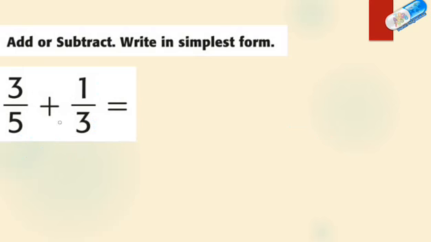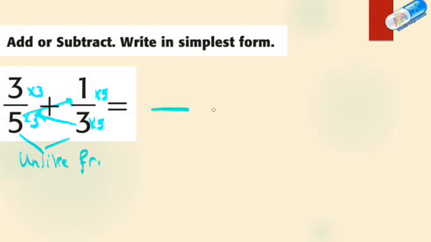3 over 5 plus 1 over 3. Again, they are different denominators and they are unlike fractions. So the first question is, is one of 3 and 5 a multiple of the other one? Yes or no? Of course not. So in this case, we multiply the first fraction up and down by 3, and we multiply the second fraction up and down by 5.